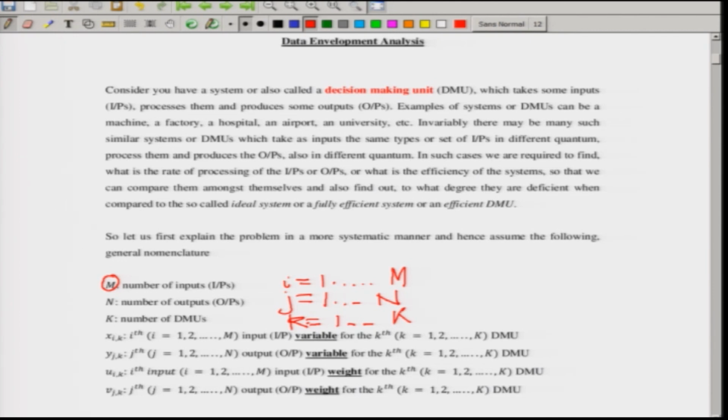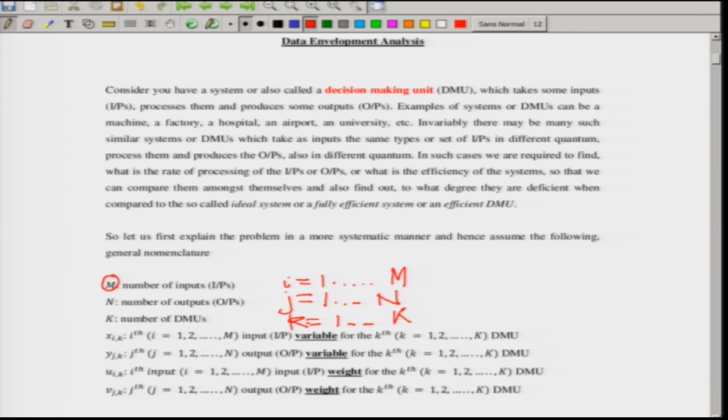So, we will denote x suffix ik as the ith input variable for the kth DMU. So, we basically have the DMUs 1 to capital K, and for each one there would be the inputs. We will consider I number of inputs, I can be any number. So, you will have x11, x12, x13, x14, so on and so forth, where the first number denotes the number of the input, and the second number, 1, 2, 3, 4, denotes the DMU.